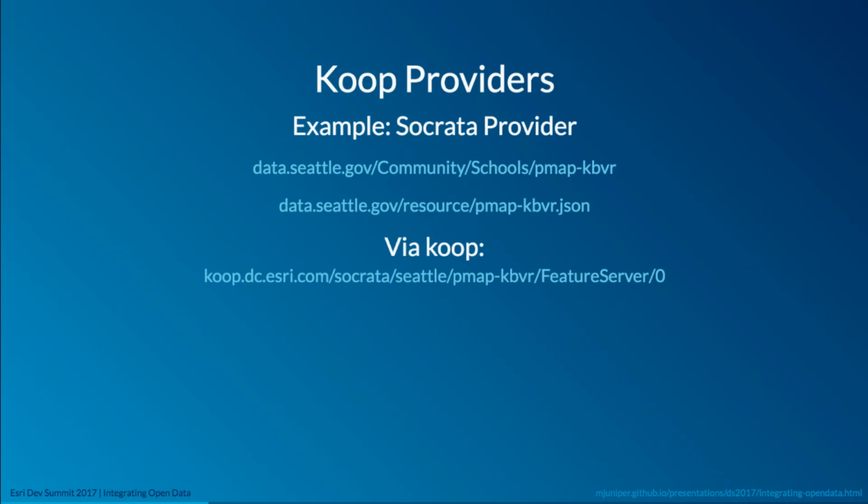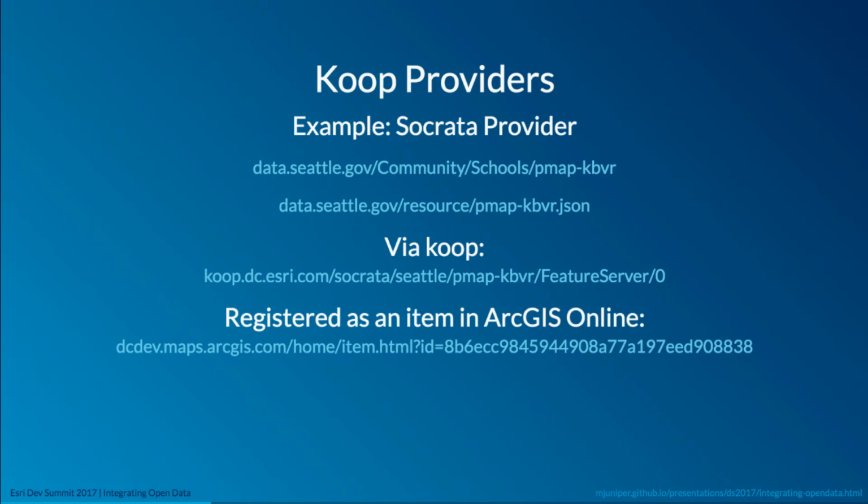We pull it in using Coop, so we have this Coop instance that we like to do demos and stuff from. And you see the URL there, /Socrata, so that's the Socrata provider, /Seattle, so we are pulling in from the Seattle Socrata portal. You have that ID, and then the URL even kind of looks like a feature service, so we stick at the end /FeatureServer/0.